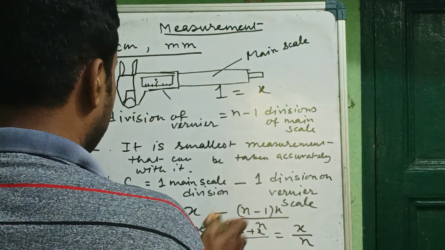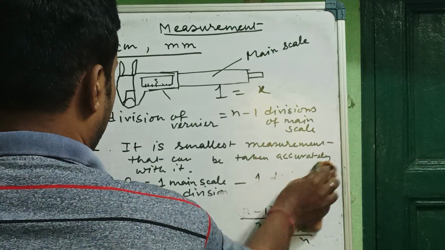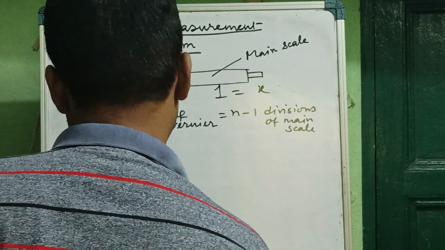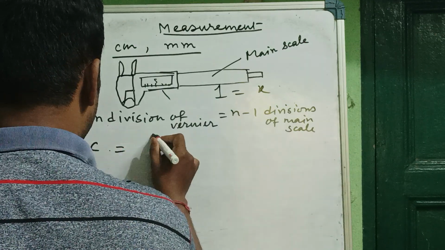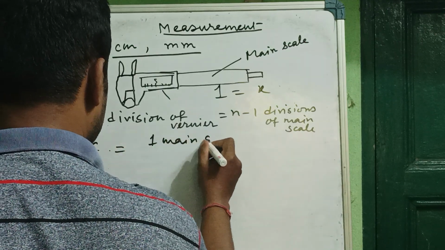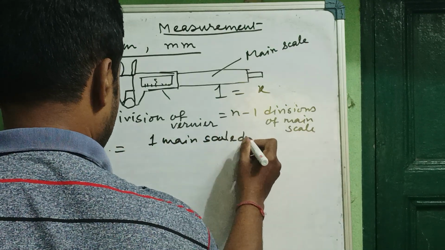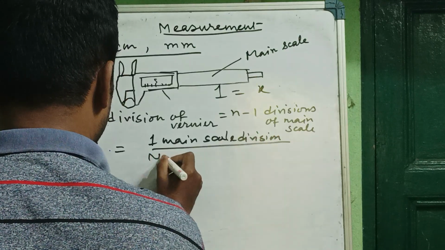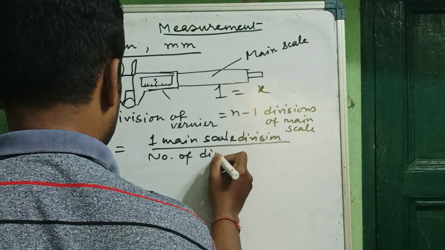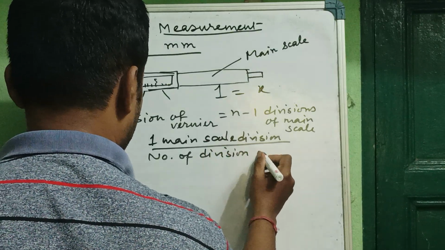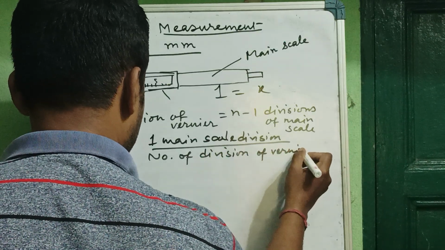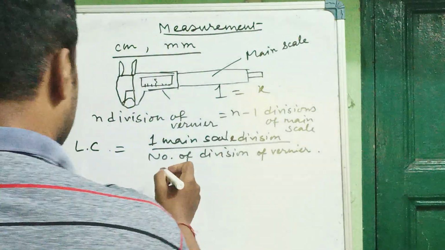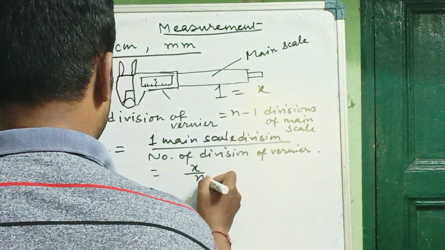So easily we can write this formula as: least count equals one main scale division divided by the number of divisions of the Vernier. We have to know, for example, 10 divisions on the Vernier scale, so x by n.